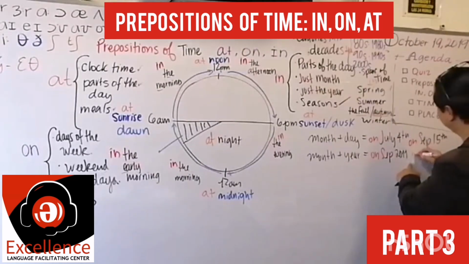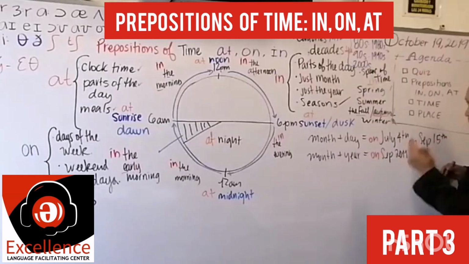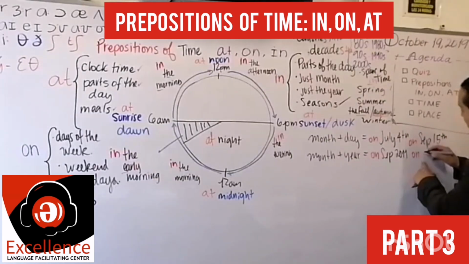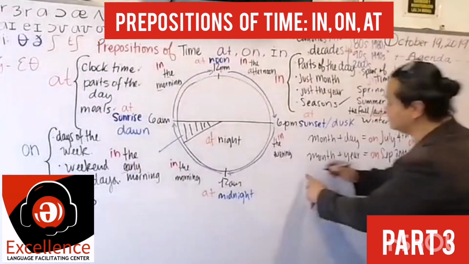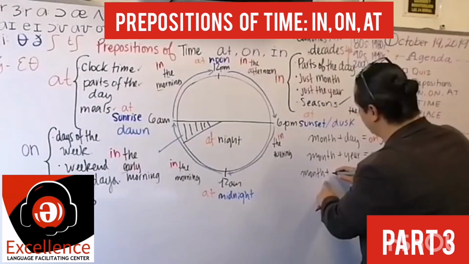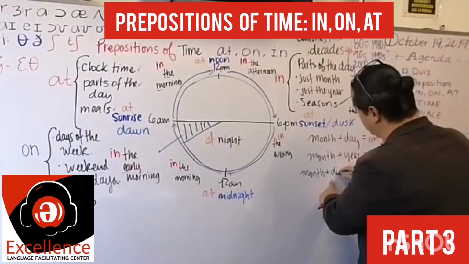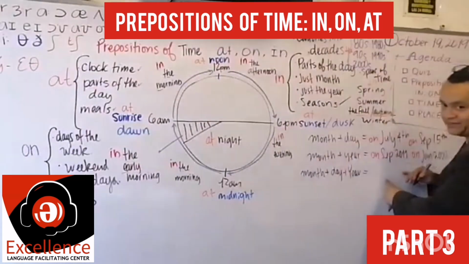You could say I started university on January 2000. Okay, good. And once again, you can use the month plus the day plus the year, the whole thing.